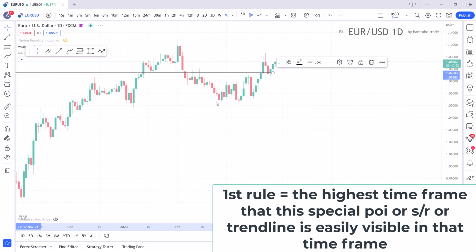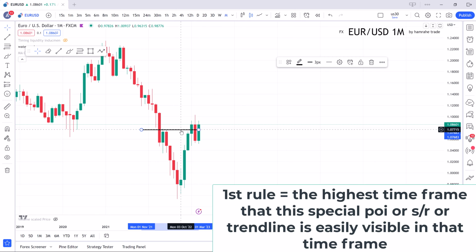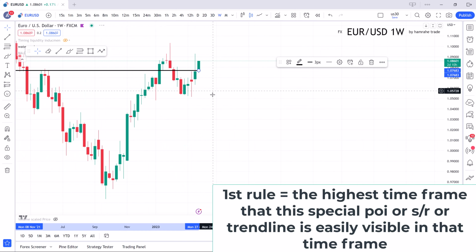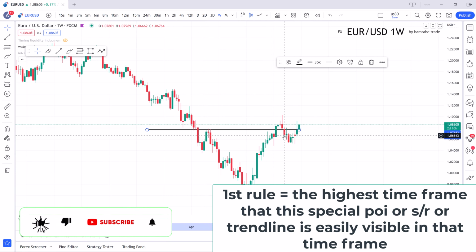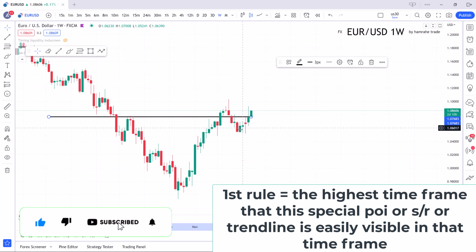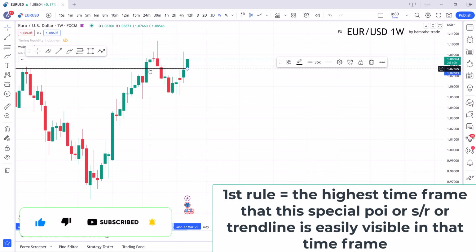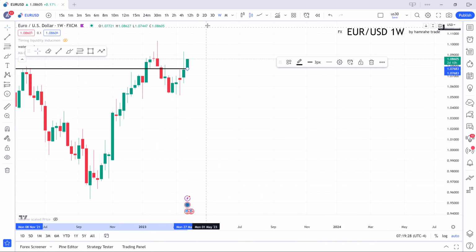For example, I start from monthly, and you can see you don't even see this support and resistance here, especially in this location. I go to weekly, and I can see it, but it's maybe weekly. But if you want to use this point as a support and resistance, it is not for this one.